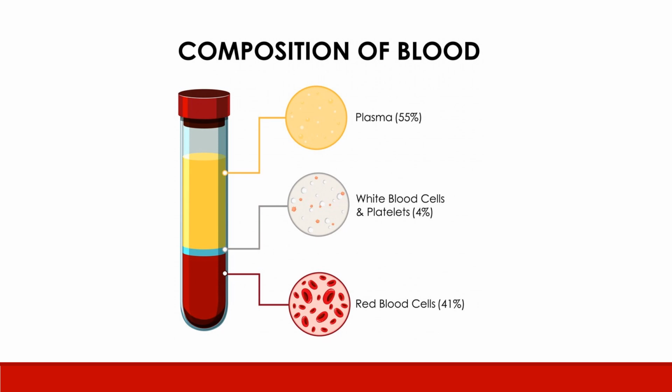You're getting all the components in one. But whole blood doesn't store very long. So in the hospital setting, a lot of times you'll see components. So we'll be giving packed red blood cells for patients that have low hemoglobin and hematocrit. Or we will be giving platelets for patients that have low platelets. We might give something called cryoprecipitate, which is a bunch of those clotting factors that are located in your plasma.